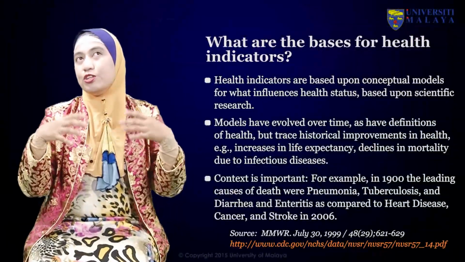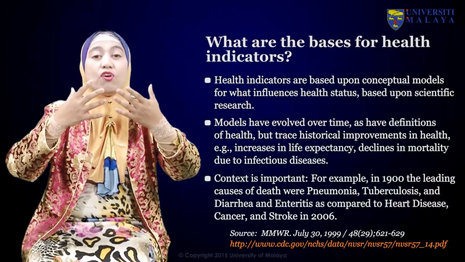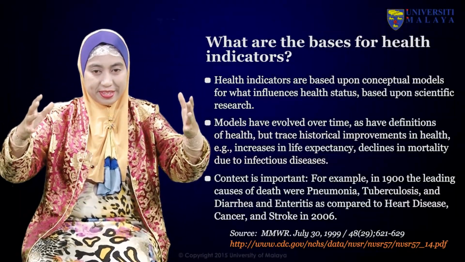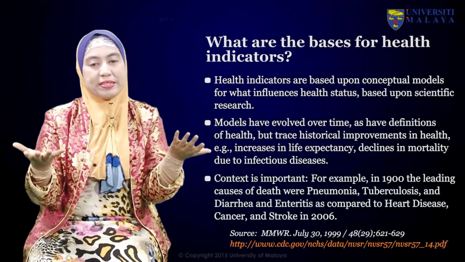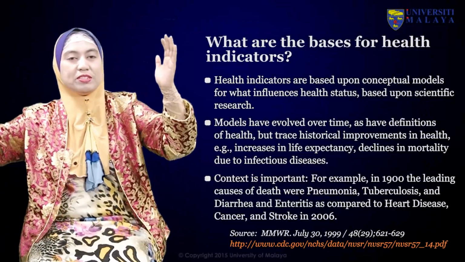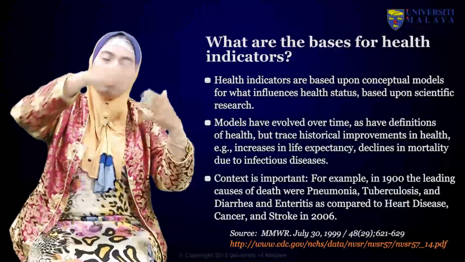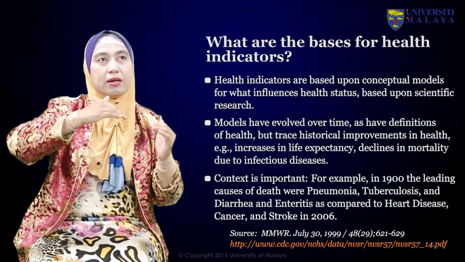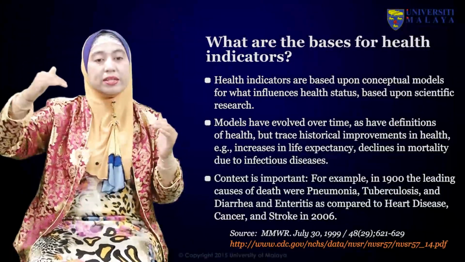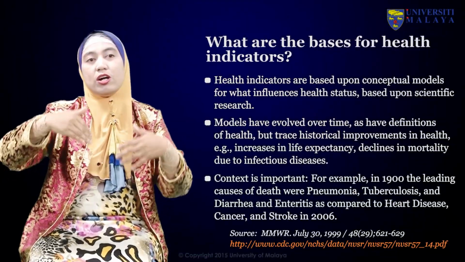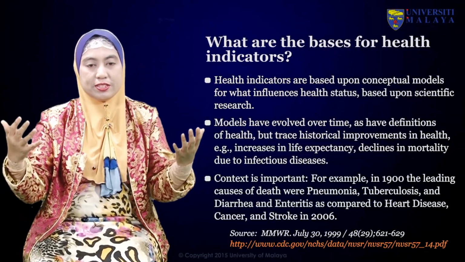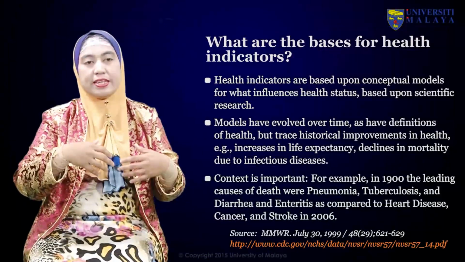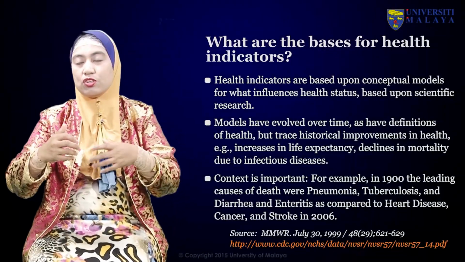Second, you have indicators that are evolving throughout time. For example, life expectancy. You monitor the life expectancy in a population, so you see declines or an upward trend in mortality, be it child mortality or infant mortality, due to, let's say, infectious disease or other diseases.